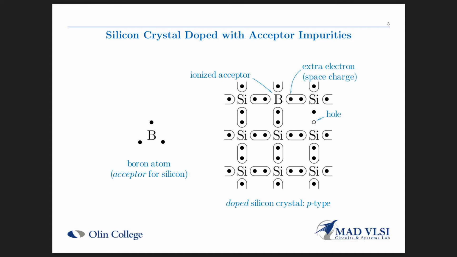And so even though the actual electron that is in this location may change from instant to instant as those electrons zip around in that shared molecular orbital, what will happen is that there is an extra negative charge here near this boron atom, and so this is an ionized acceptor here, and we have basically a negative space charge in this area. Okay, so that's impurities, N-type and P-type, donors and acceptors.